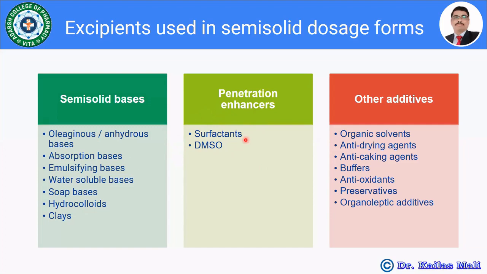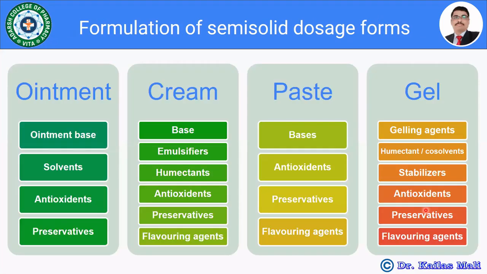Apart from the semi-solid bases and the penetration enhancers, we are supposed to use some other additives while preparing these formulations, like organic solvents, anti-drying agents, anti-caking agents, buffers, antioxidants, preservatives, and the organoleptic additives. So these are the excipients which are used to prepare the semi-solid dosage form.